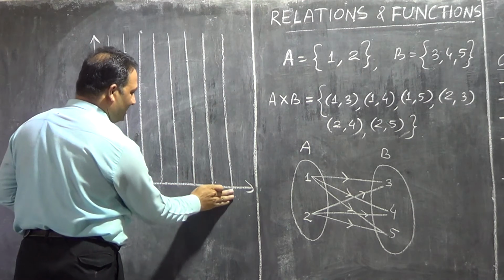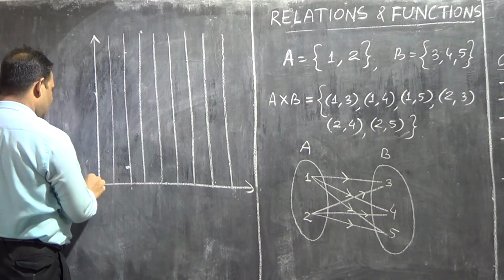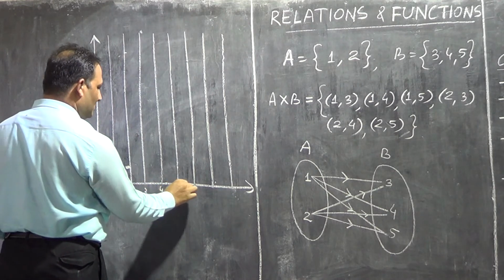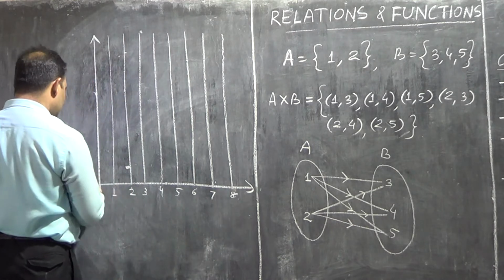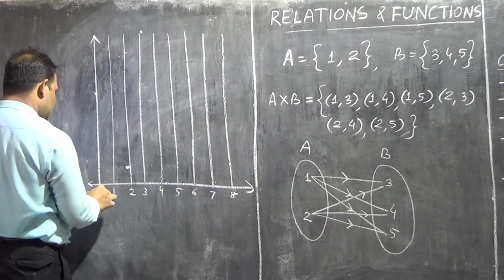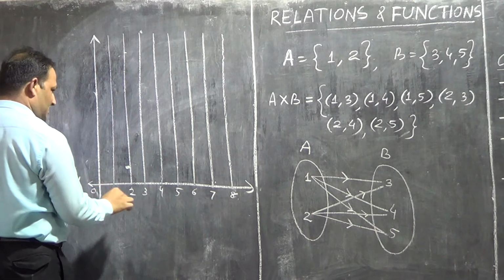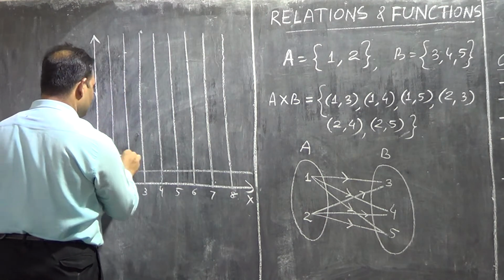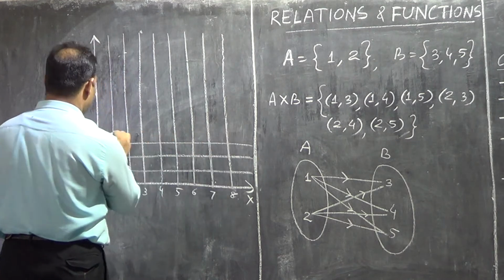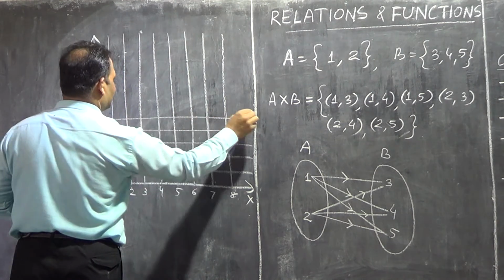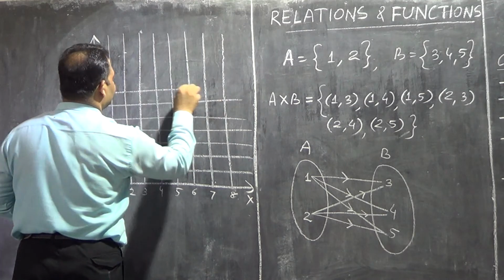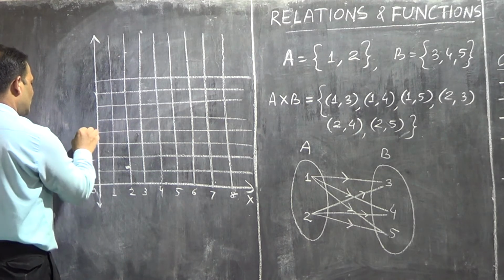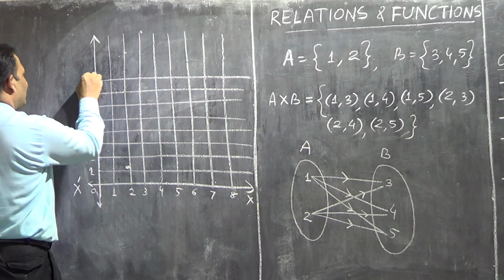So here we can write the coordinates, that is we can write the numbers 1, 2, 3, 4, 5, 6, 7, 8 along the x-axis, then along the y-axis also we can draw the lines which are parallel to the x-axis. So here 1, 2, 3, 4, 5, 6, 7, 8.